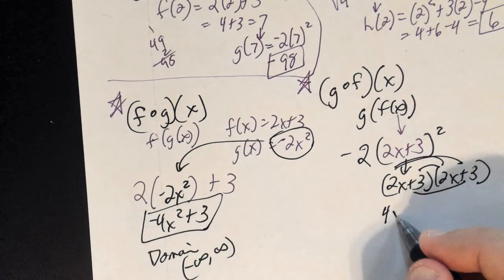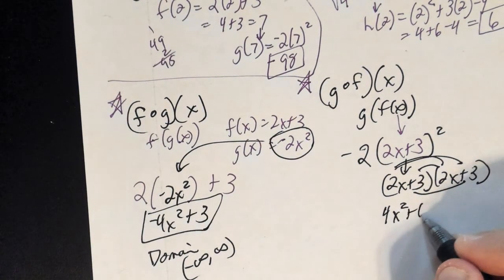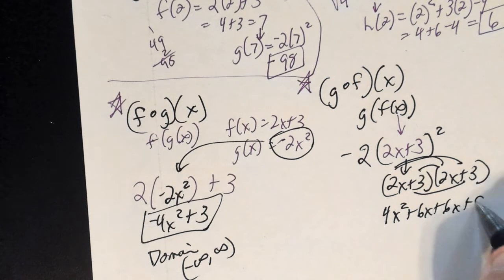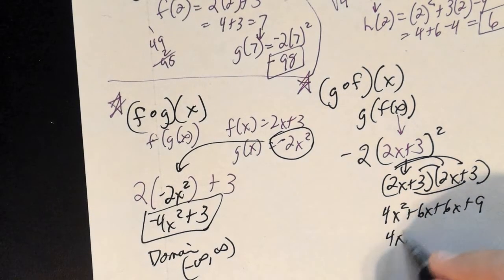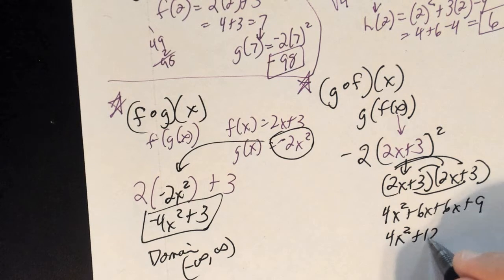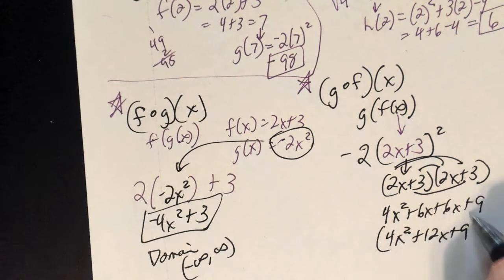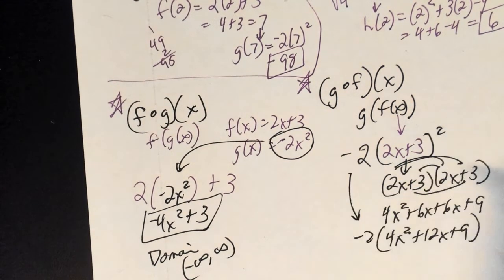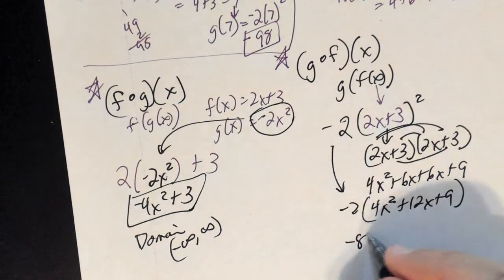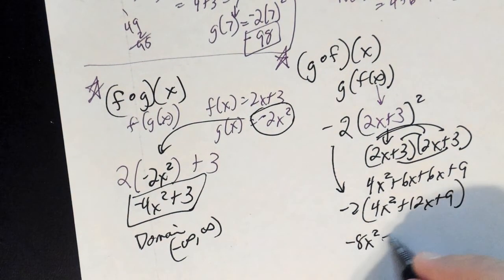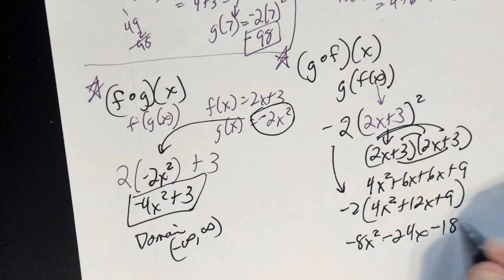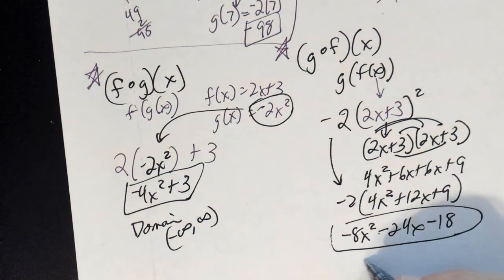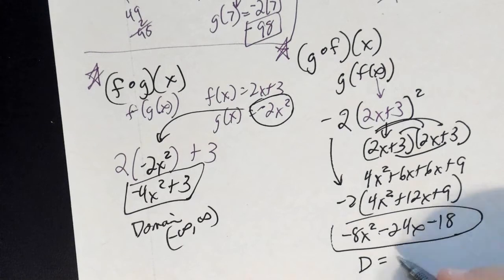It would give me 4x squared plus 6x plus 6x plus 9, which would be 4x squared plus 12x plus 9, and then we still have to multiply the -2 to all that. And it's going to give us -8x squared minus 24x minus 18. And domain of that? Well, no square roots and nothing on the bottom, so -infinity to infinity.